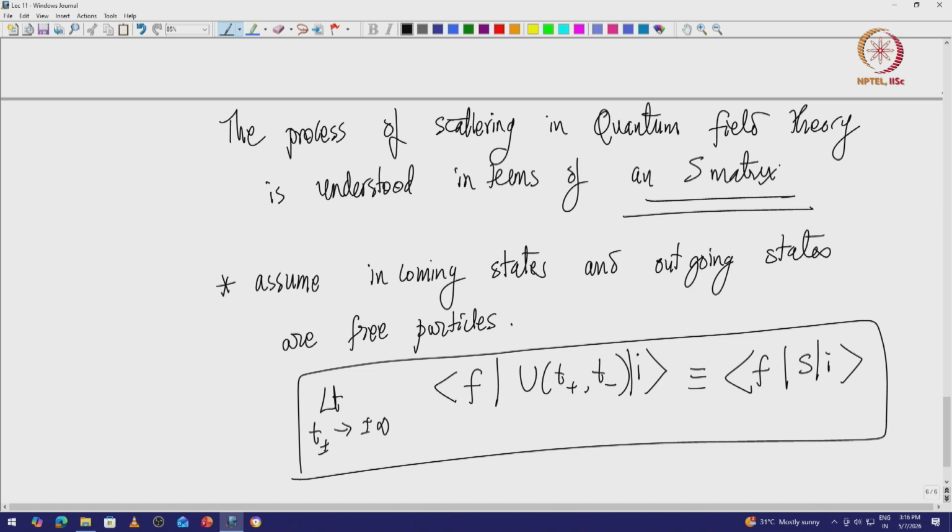So, that will reflect on this particular S matrix, the symmetries of the S matrix, which will in turn depend upon the symmetries of the L interaction. L interaction can have some symmetries. So, the entire idea of quantum field theory is to understand this particular thing, the S matrix and this evolution.